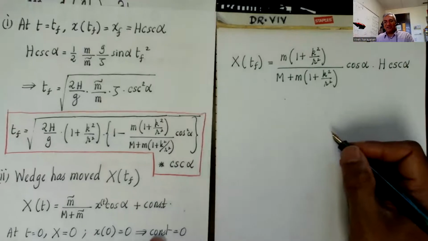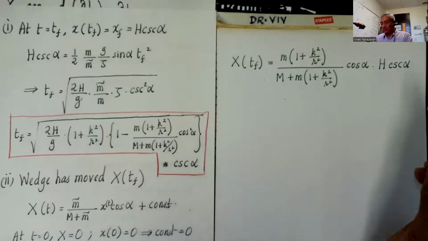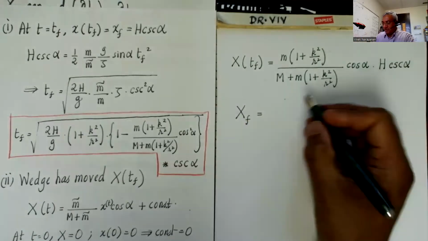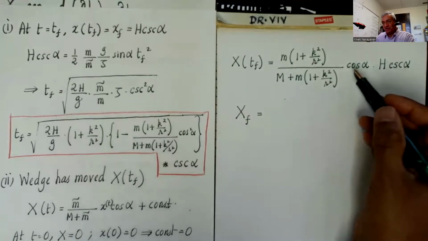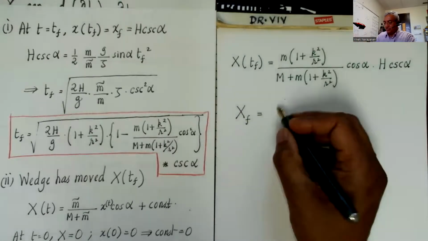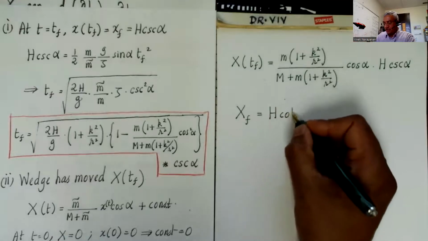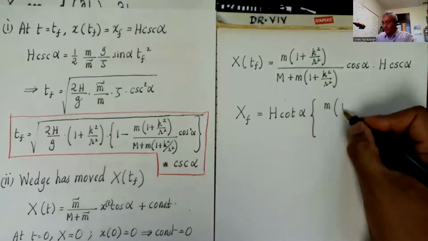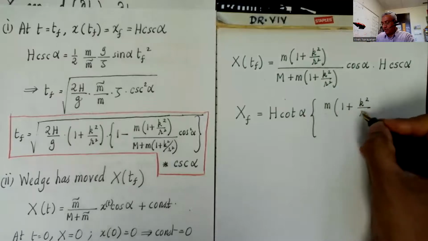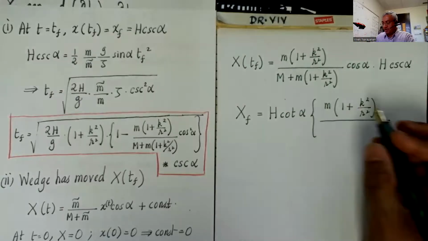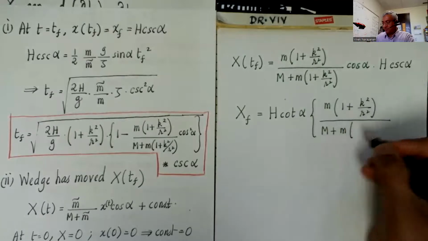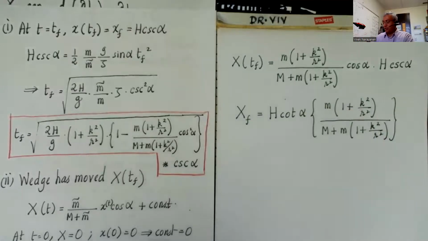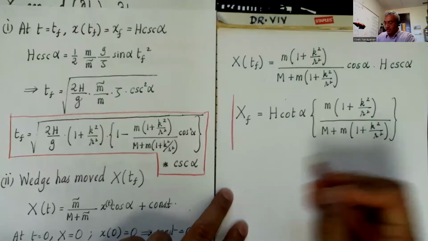Well, the simplifier in me cannot resist writing one more step. I'll call this Xf, because cosecant is 1 over sine, and cosine divided by cosecant is cot. So this is just h cot alpha times some weird mass ratio. That mass ratio is 1 plus k squared over r squared divided by m plus m times the same thing. Another box-worthy equation, I'm sure you'll agree.